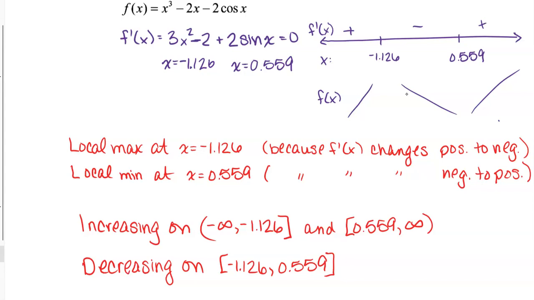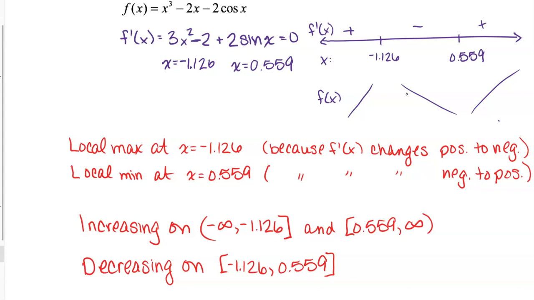But we only talk about functions increasing and decreasing on an interval, because you'll remember from the beginning that in order to tell if something is increasing or decreasing, you have to compare 2 points. You have to know if the y value of the second point is higher or lower than the y value of the first point. So there's just no way to say if a function is increasing at a particular point or not. We only can talk about this on intervals.